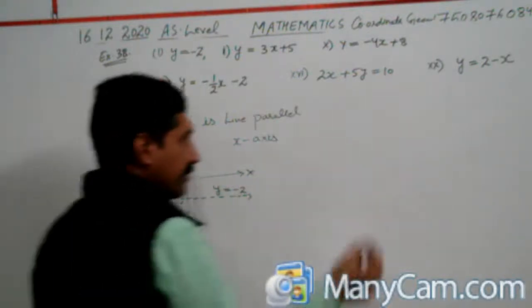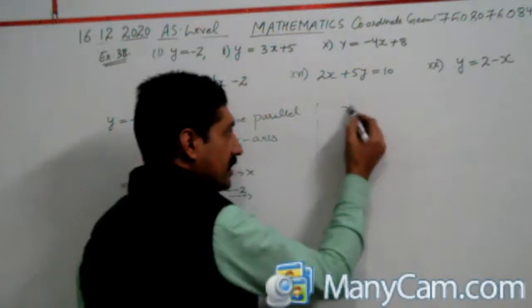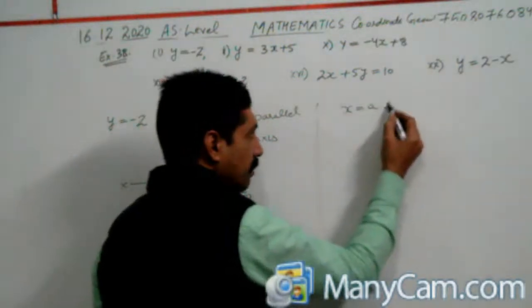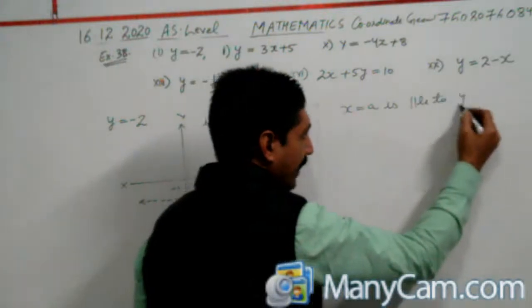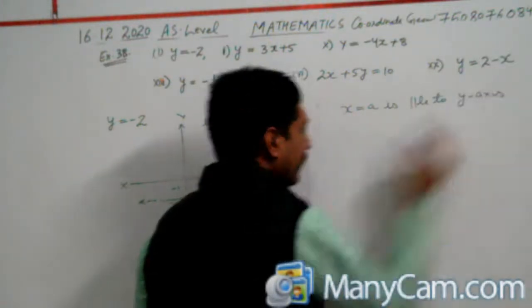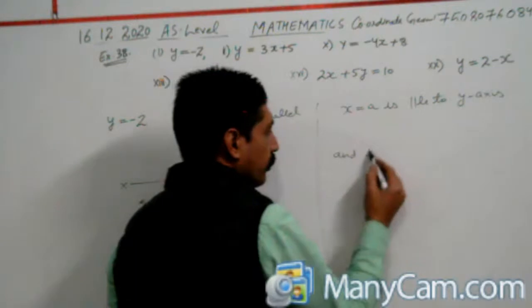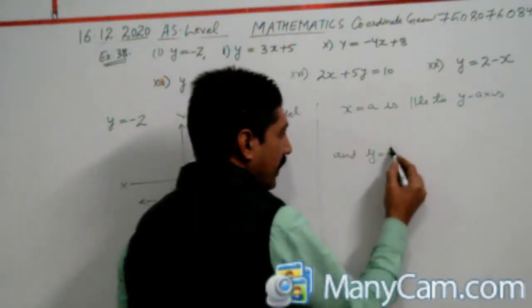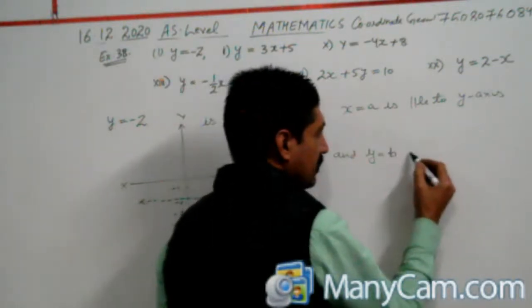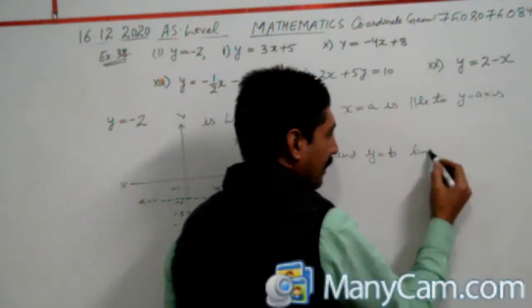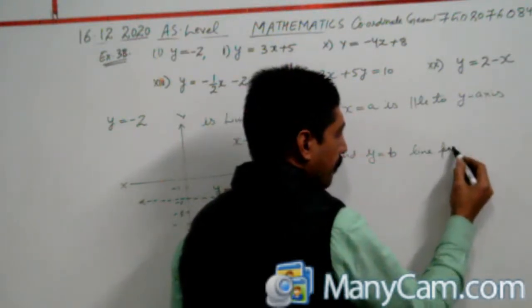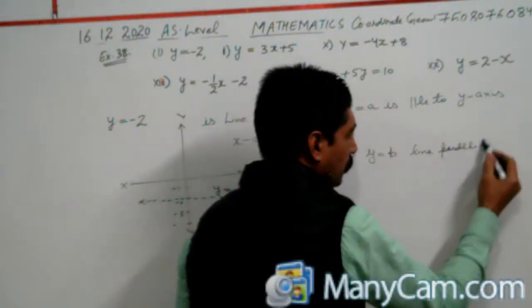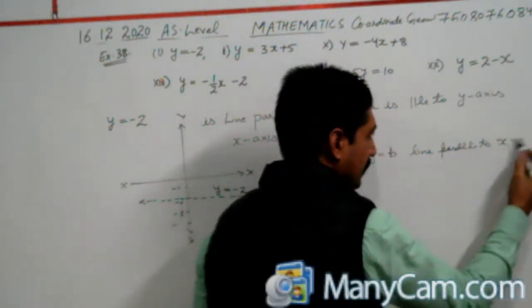In the last lesson we studied that the line x is equal to a is parallel to the y-axis, and y is equal to b is a line parallel to the x-axis.